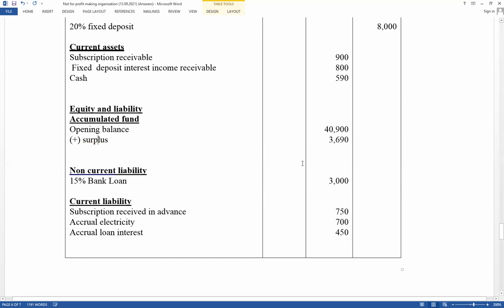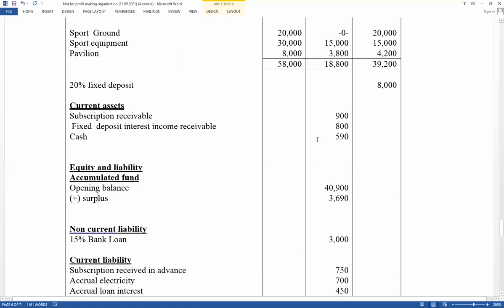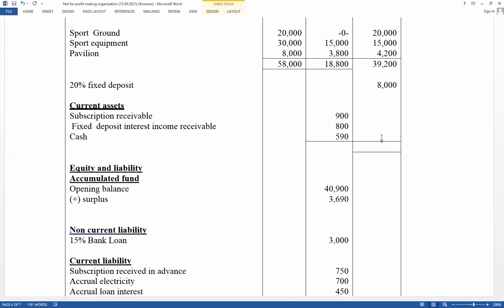Now take the balance. If it is correctly recorded, assets should be equal liability plus equity. Now take asset side total amounts. Take total amount of current assets. Therefore, current assets total amount equal 2,290.